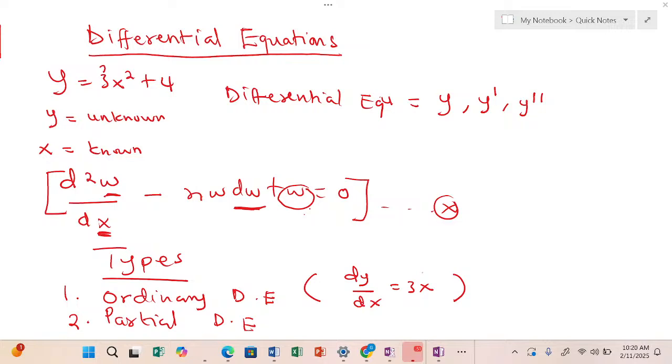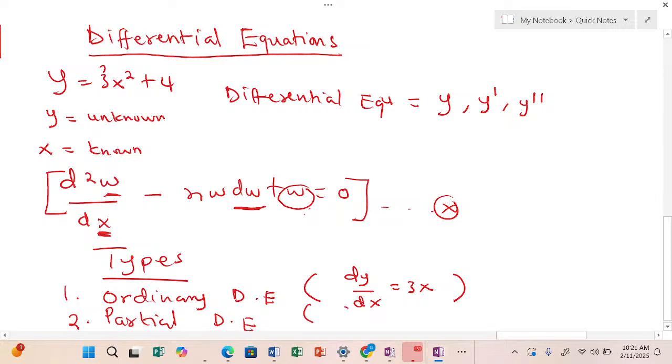But when we talk of a partial differential equation, then we have more than one known variable with an unknown.